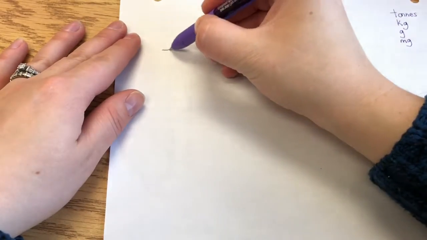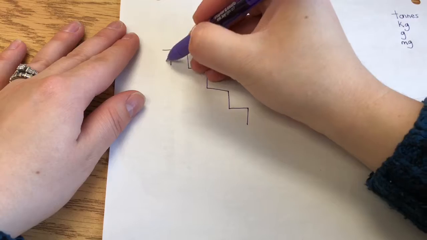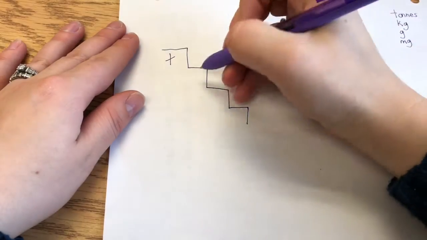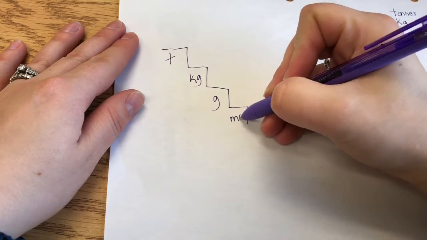There are centigrams, decigrams, grams, decagrams, hectograms, but we don't really use them very often. And so what I do is I create a staircase like this, and I put tons here at the top, T for tons, kilograms, grams, milligrams.